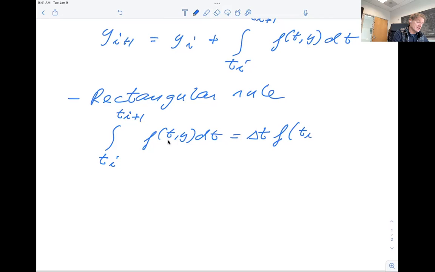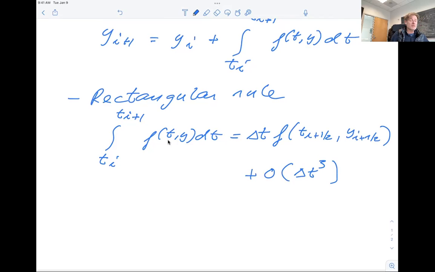The way we indicate this midpoint is by writing a half here, and then we need to evaluate the function at y_{i+1/2}. And this has a mathematical truncation error, which goes like delta t to the power of 3. When we repeat this n times, if we have n integration points, this is going to give us a global error, which goes like delta t squared.